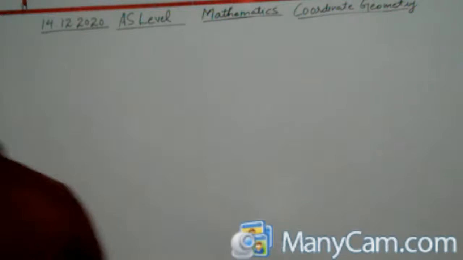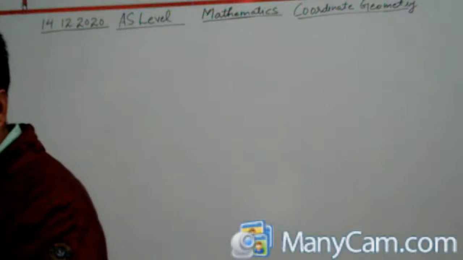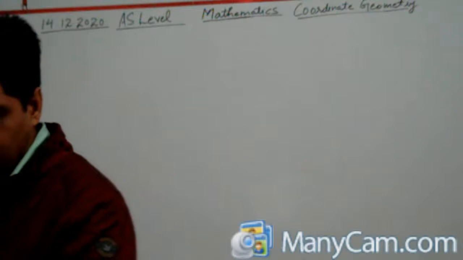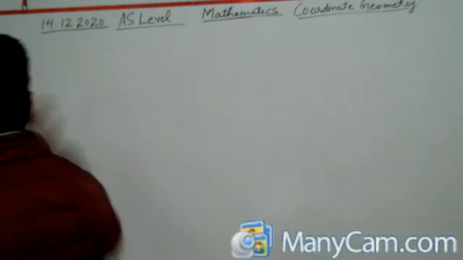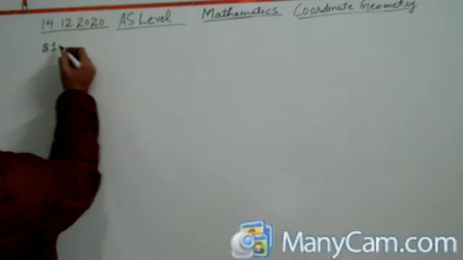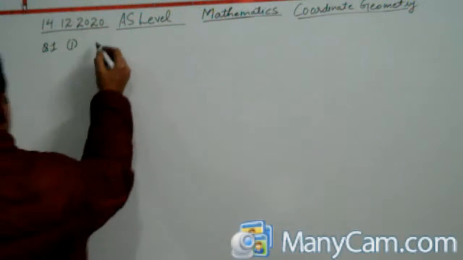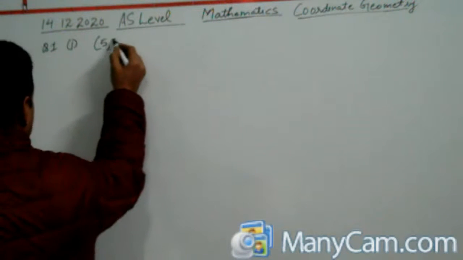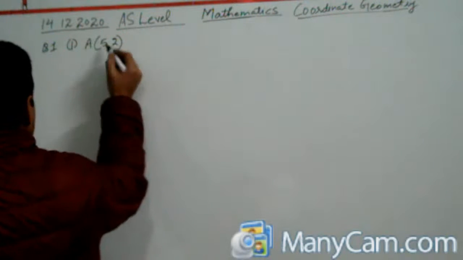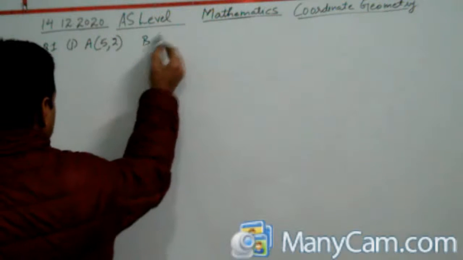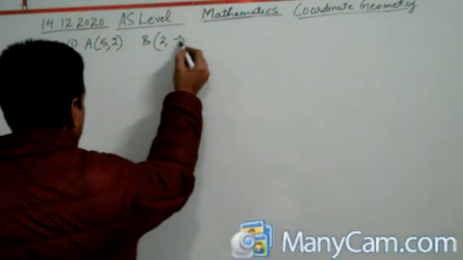For some parts which we have discussed, only four parts we have discussed. We can do question number one again. First point, let's take it 5, 2. A point is having coordinates 5 and 2, and B point has coordinates 2 and minus 8.